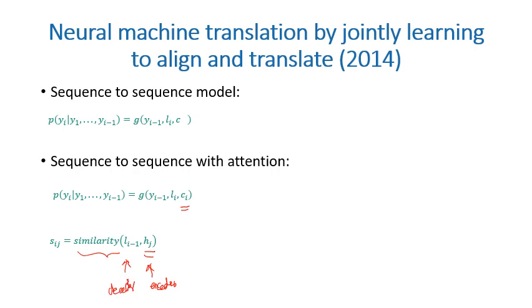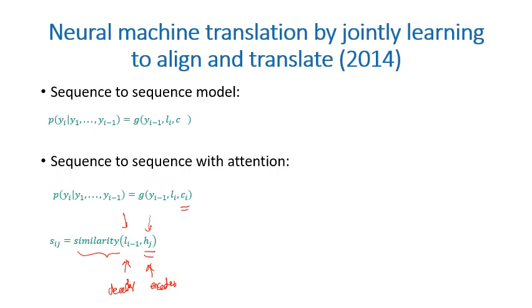So at the output position i, I look at all input positions j, and I look at the similarity between the hidden space of all j positions in the input and the i minus 1 position at the output. The similarity could be a neural network, for example, which computes the similarity between these two.